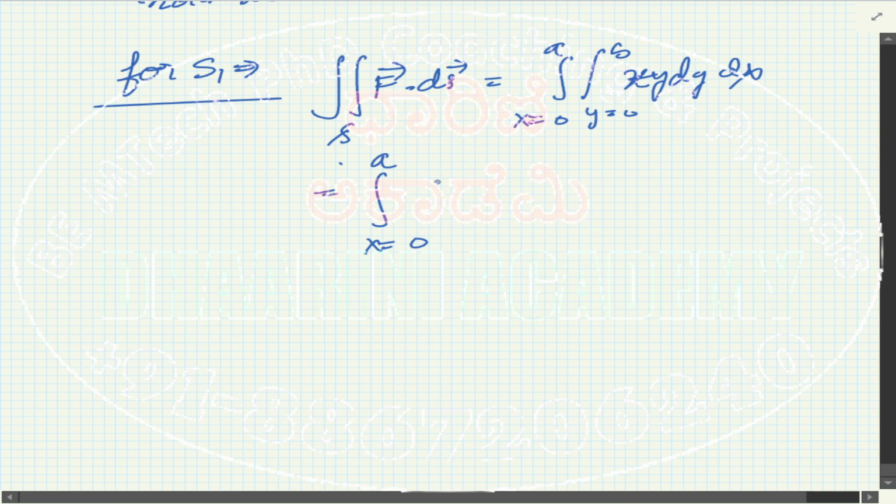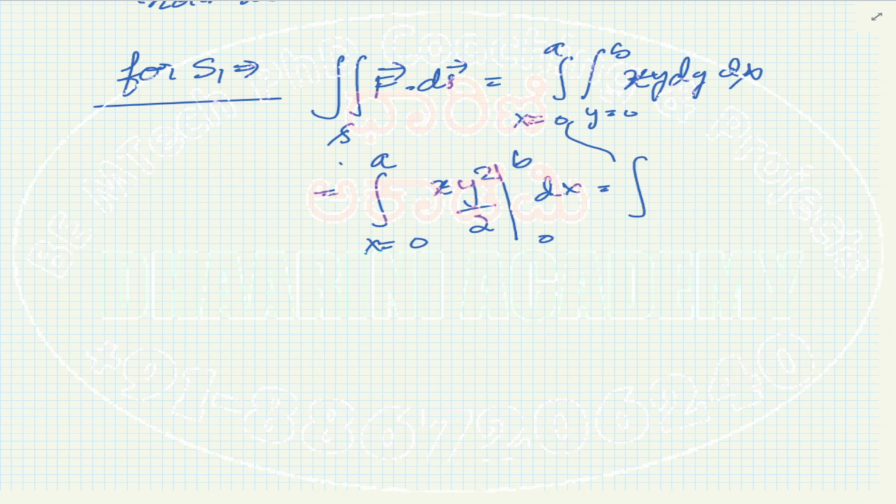The first term becomes x into y squared by 2 from 0 to b into dx. So instead of writing an integration, let me simplify this here.